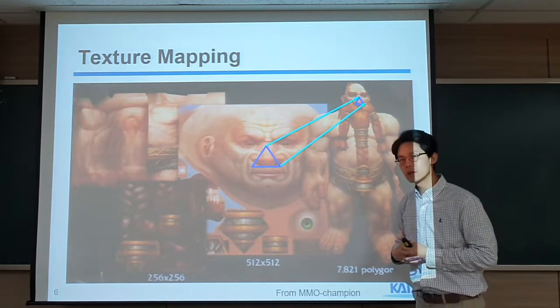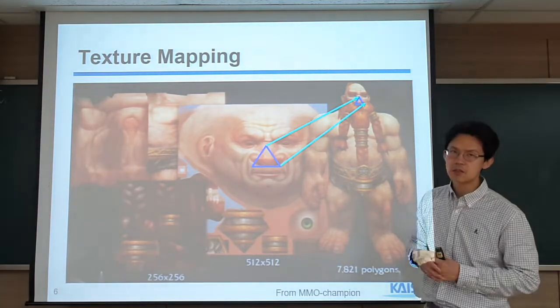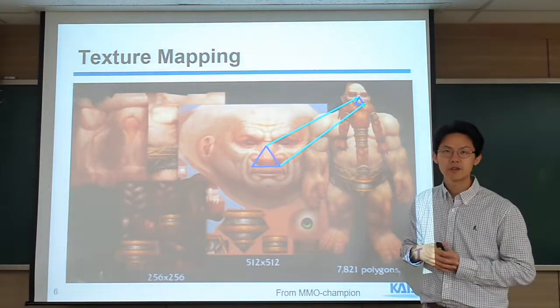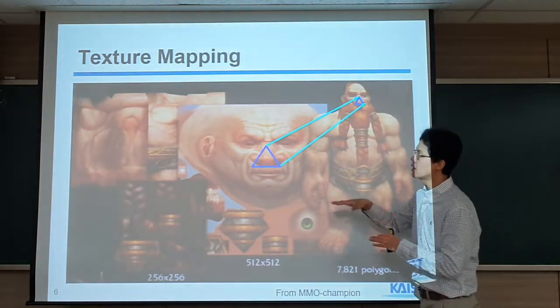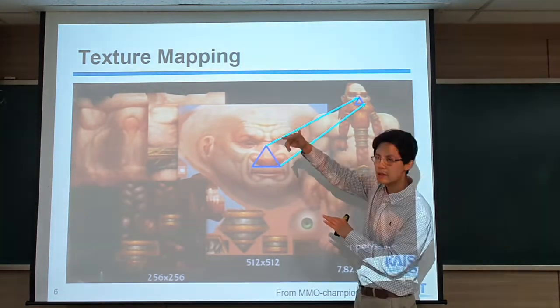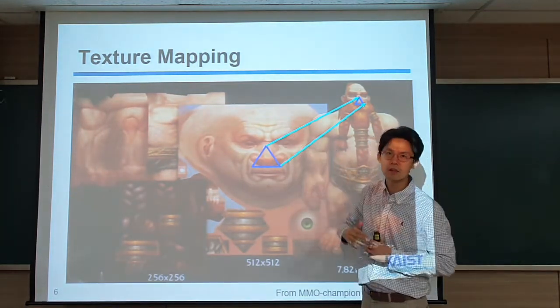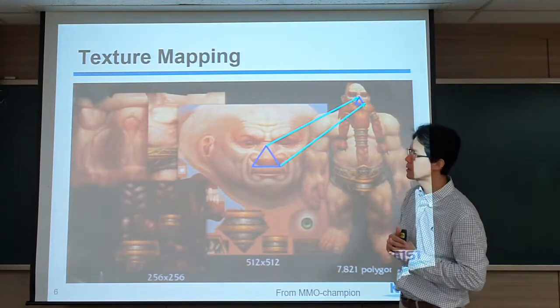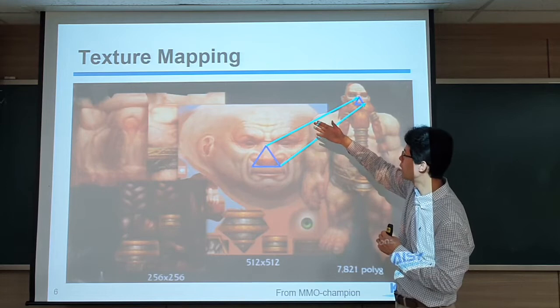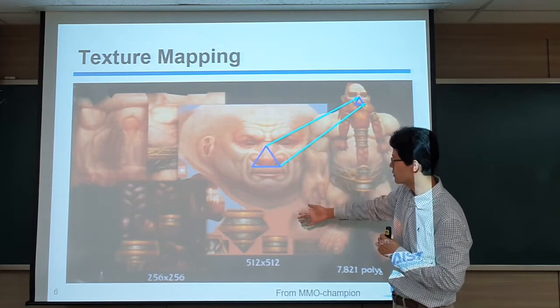Also, you may remember that when I explained the Phong illumination, there are many constant factors like KD, KS, some sort of material dependent ones, right? We can also design an additional texture map, a 2D image, containing material dependent information within this 2D map.